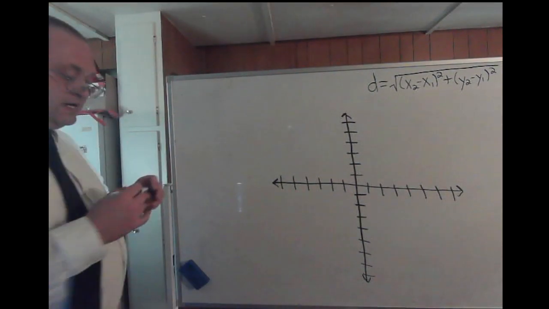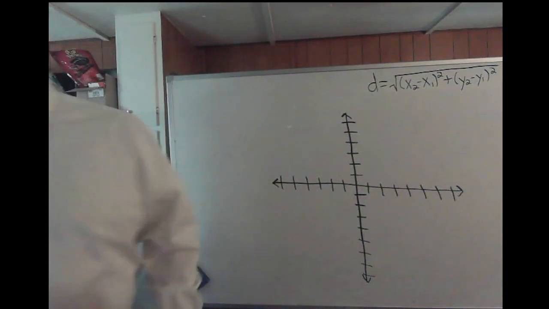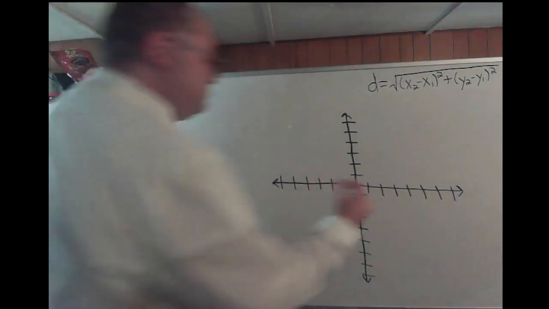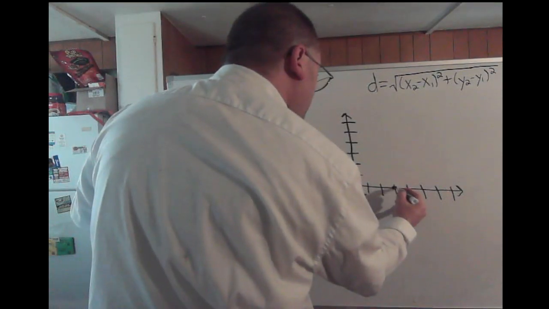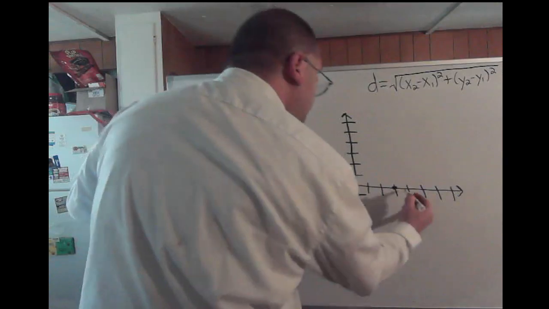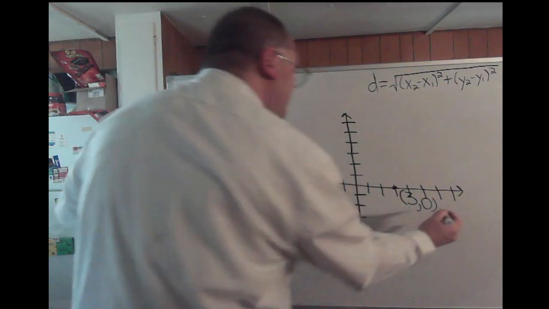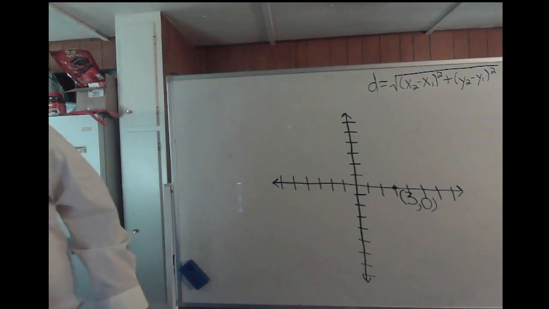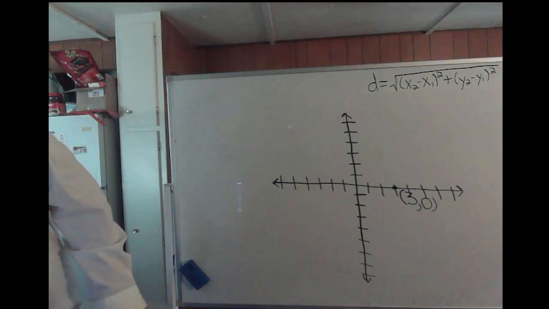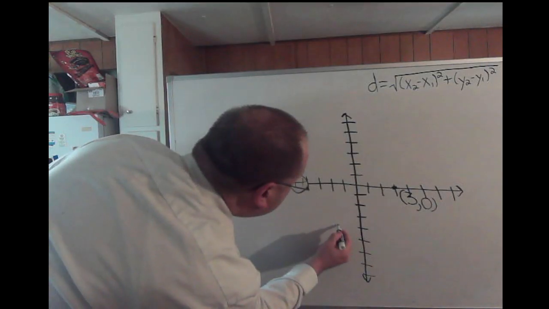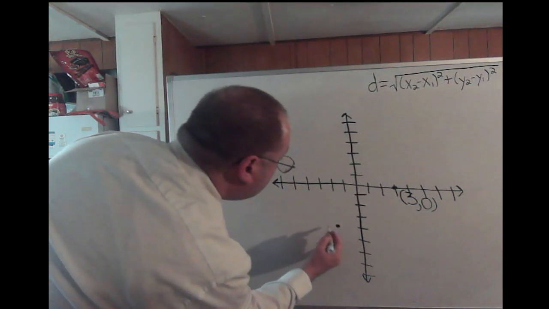Alright, so we got something here at 3, 0. So we have the point here 3, 0. Then -2, -4.